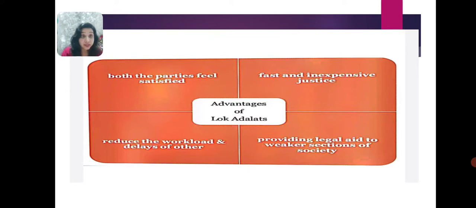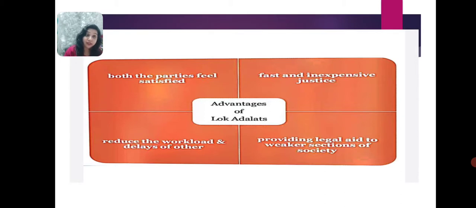Next is providing legal aid to the weaker sections of the society. Lok Adalat mainly focuses not on those people who are financially sound and who have a good hold and power in society. No, they mainly focus on legal aid, that is, giving legal help to those weaker sections of society who could not afford high-profile lawyers.